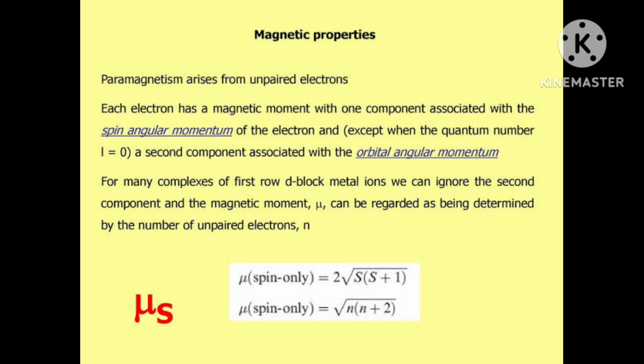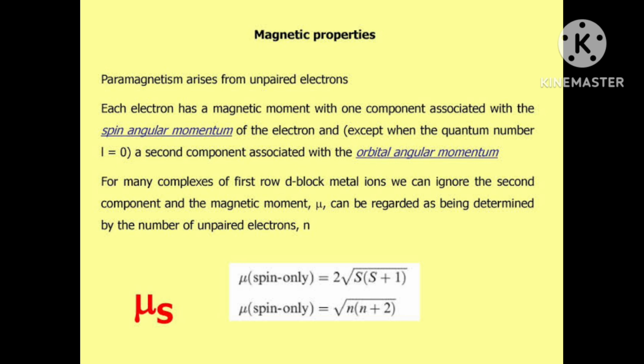Actually, if d orbital is vacant, as I told you, titanium 3+ has only 1 electron, d1. Vanadium has 2 electrons in d, and chromium has 3 electrons in d.